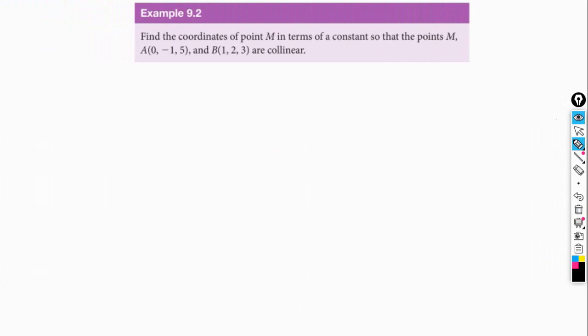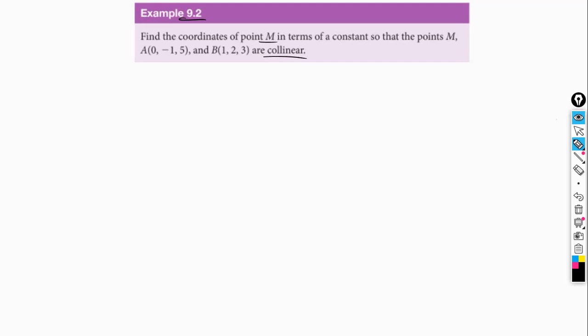So next we have example 9.2, and it says, find the coordinates of point M in terms of a constant so that points M, A, which is (0, -1, 5), and B, which is (1, 2, 3), are collinear.